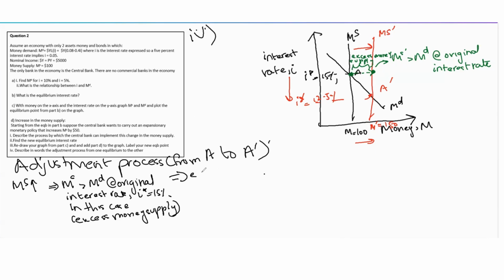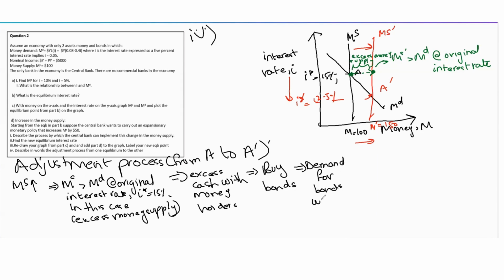So now there's excess cash with money holders. They'll use this to buy bonds, as a result of which demand for bonds will increase. So price of bonds will increase.